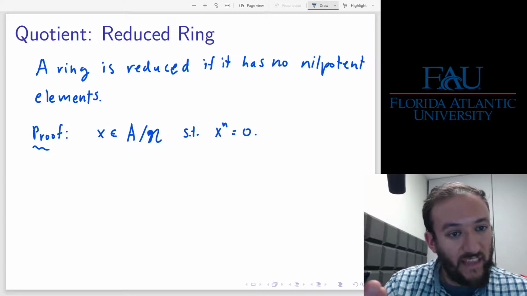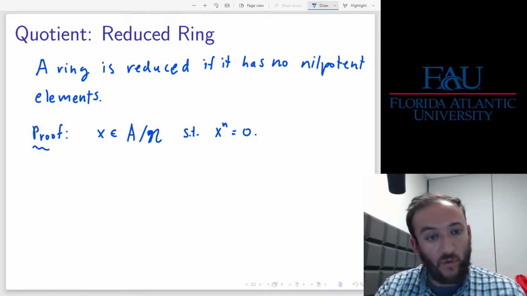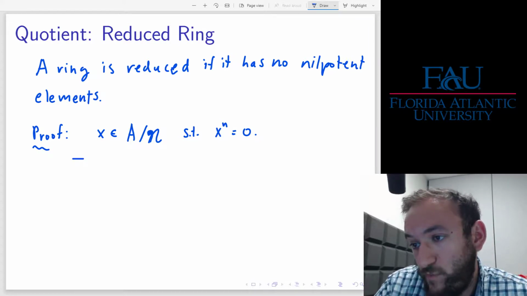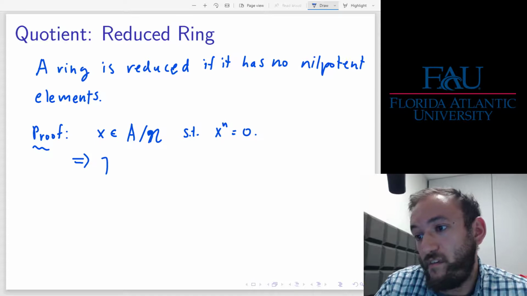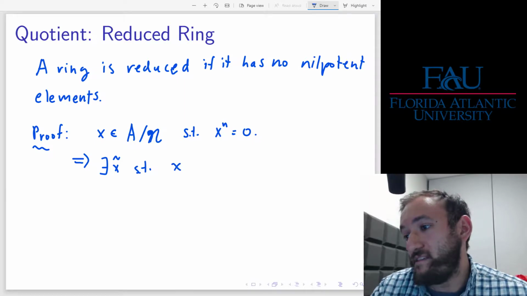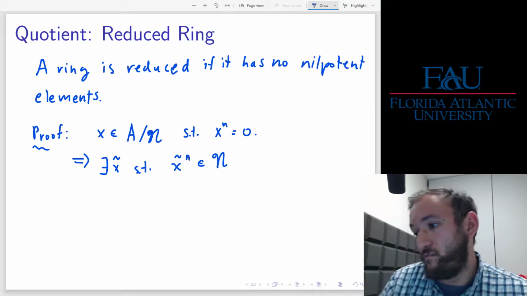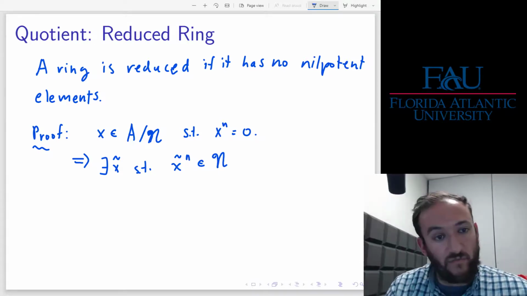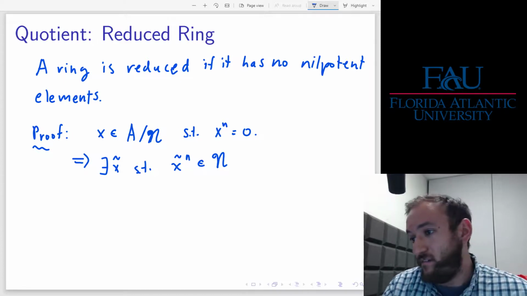Well, when we have this kind of relationship in quotient rings, what that means is that in the original ring, there exists some representative x tilde such that x tilde to the n is in N. But what does it mean for some element to be in N?